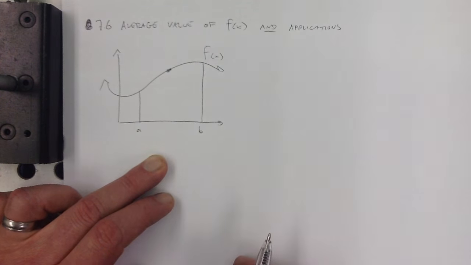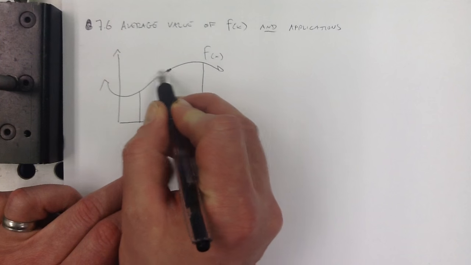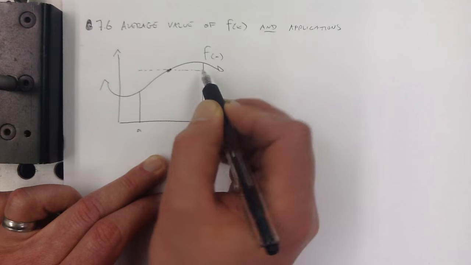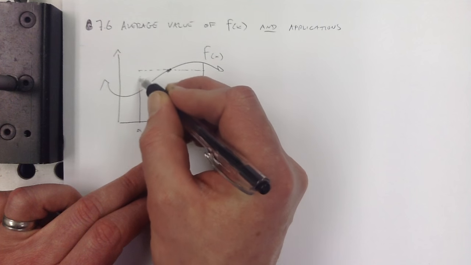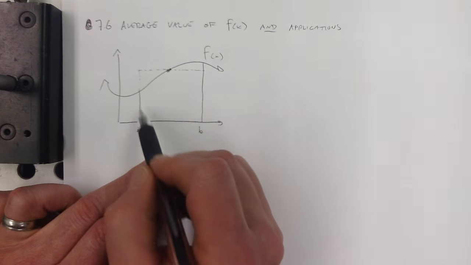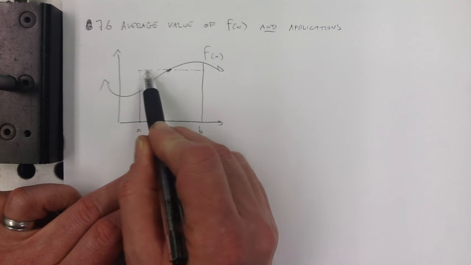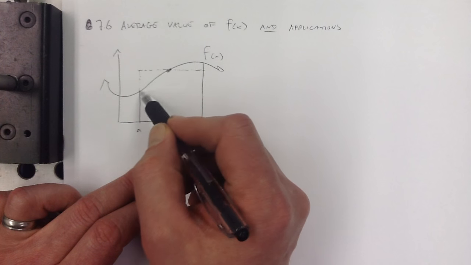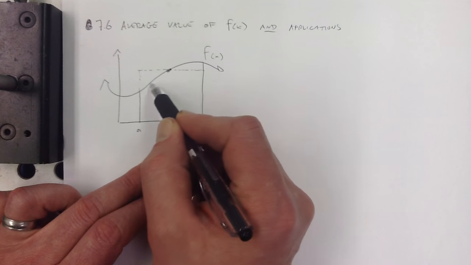Would be the average. But how do we define that? Well, you could imagine a rectangle, this rectangle right here. We're going to define the average value of the function to be the height of the rectangle that has the same area as the area under the curve.